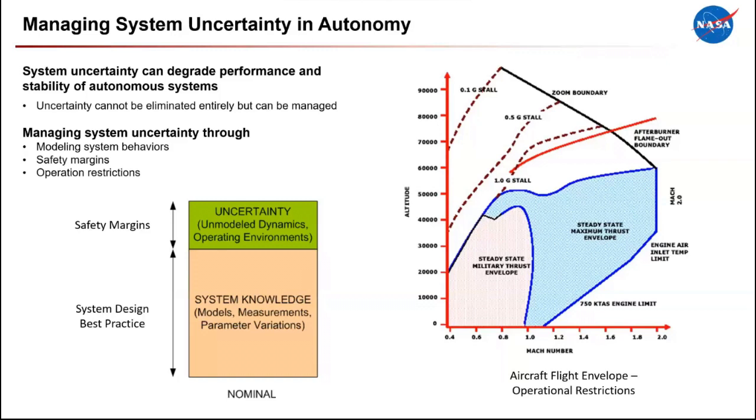All those things are ways that we can manage system uncertainty. If you look at the figure on the right, that is the flight envelope. The flight envelope is a way to restrict the flight operation to address system uncertainty, because outside of that flight envelope, the system is unknown. Next slide, please.